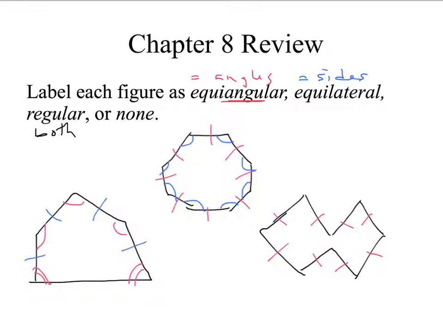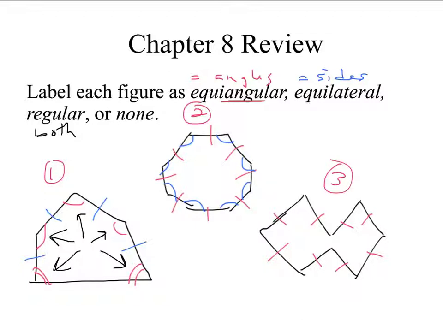So these three shapes, I'm going to label this 1, 2, and 3. The very first shape, if you notice, we have congruent sides. We do have congruent angles. But notice about these angles, these two angles are not equal to all the other angles, based on their angle markings. So it cannot be equiangular.